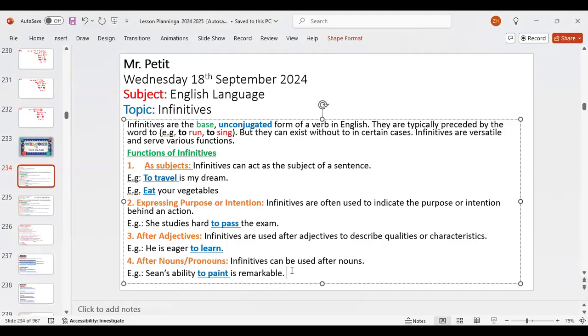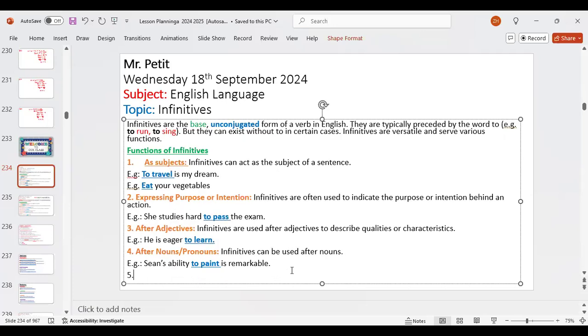Okay, we could also use it after, last one, gerunds.